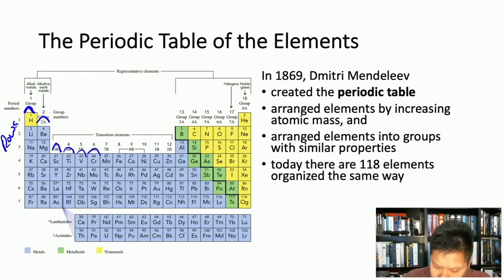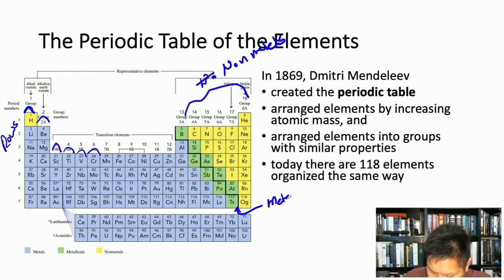All the nonmetals are over here, right? And then this little green stair-steppy thing right here, these are the metalloids. And just as a preview, metalloids are not metals, but they're like nonmetals that act like metals.